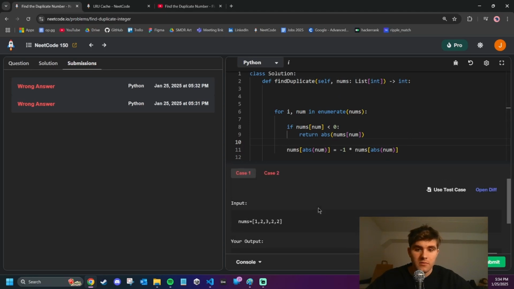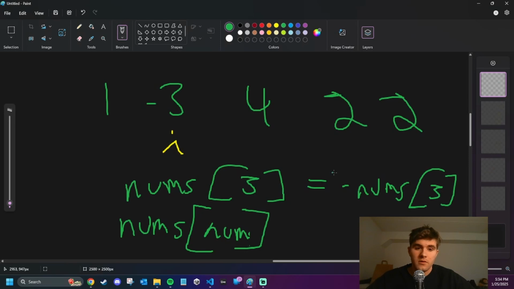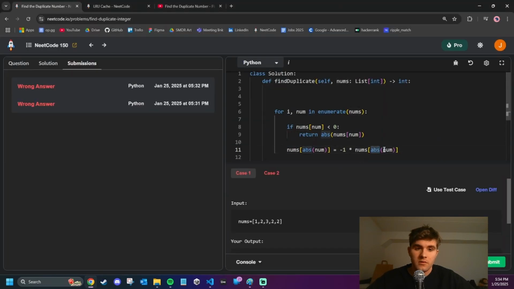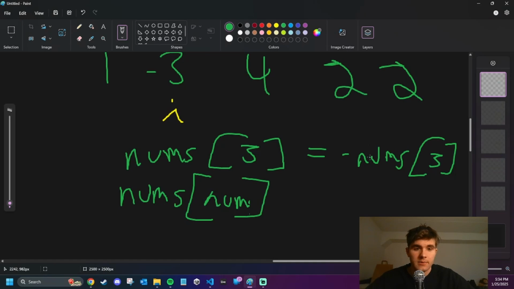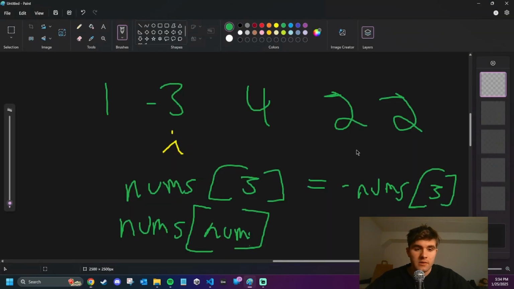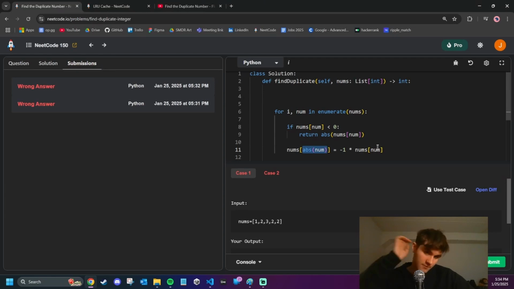That didn't work. So nums of 3 equals negative 1 times whatever that is, which should be positive.